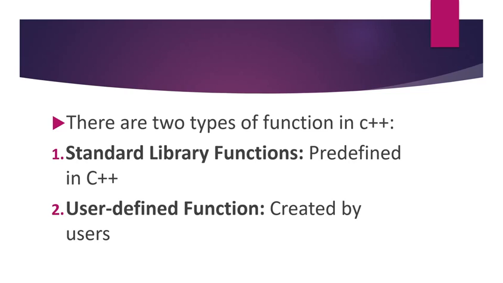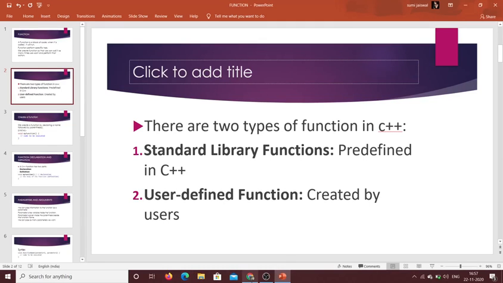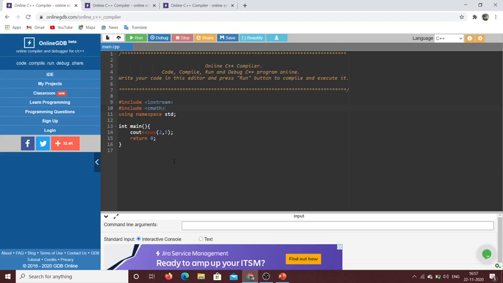So, let us see an example of a standard library function. See, the function pow is a short form of power.